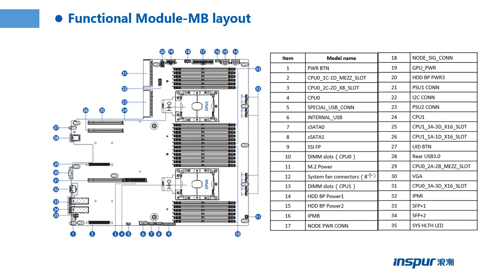Also, we can see the picture in our knowledge base. When we repair the server and want to find the name of a slot, we can find it from the table, or from our knowledge base. Also, there are some words printed on the motherboard that we can see.